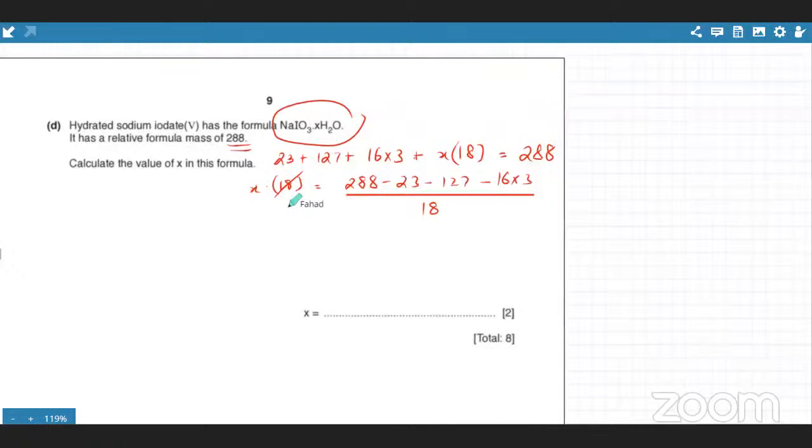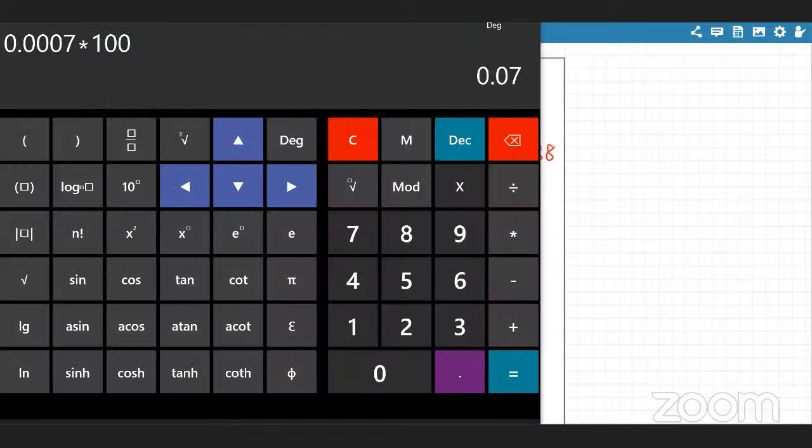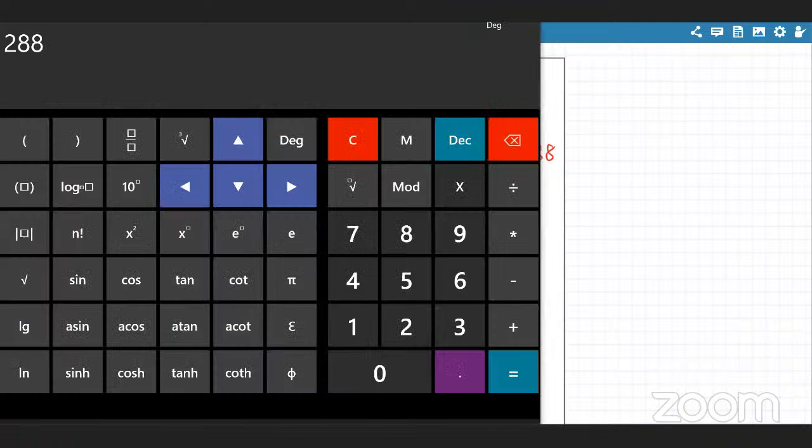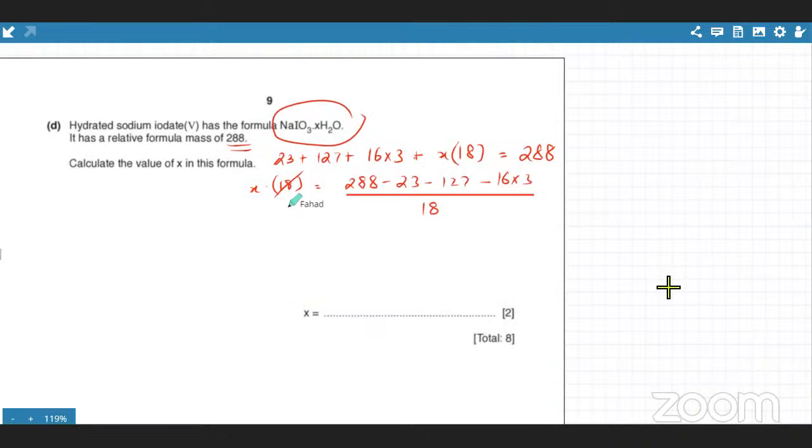So let's open our calculator. It's going to be 288 minus 23 minus 127, and minus 16 times 3, so that's minus 48.